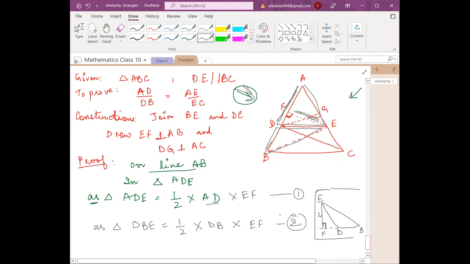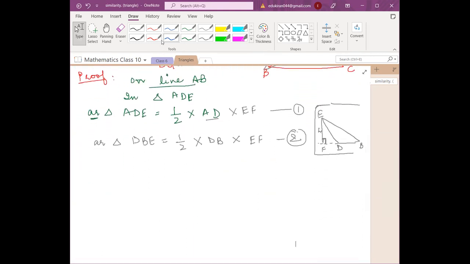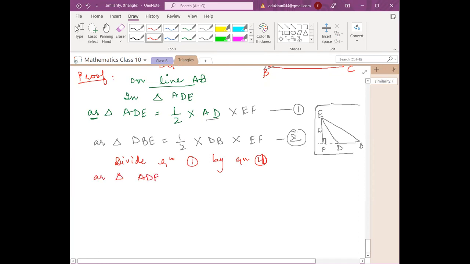Now just divide these two equations. Equation 1 divided by equation 2. So that means area of triangle ADE divided by area of triangle DBE, right?